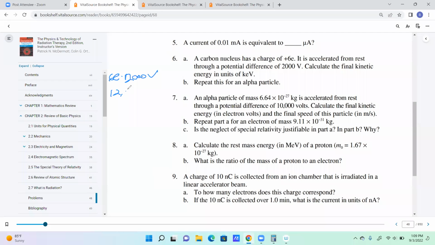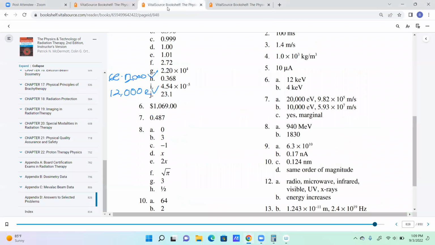Now let's see if we're right on 6e. It says 12 keV. We have 12,000 electron volts. So what do we need to do to change that?